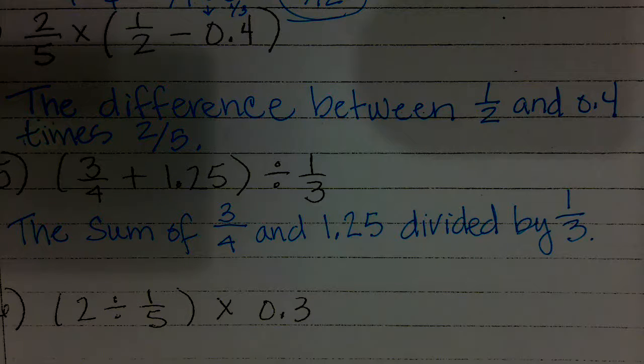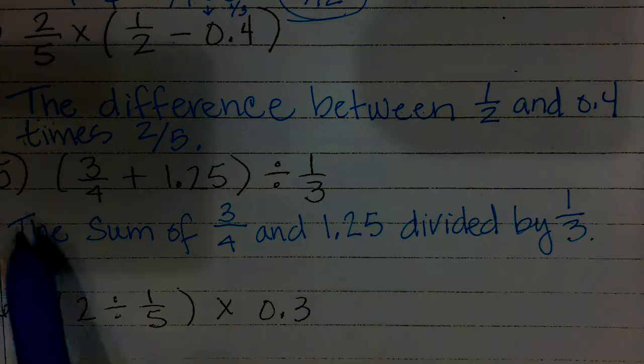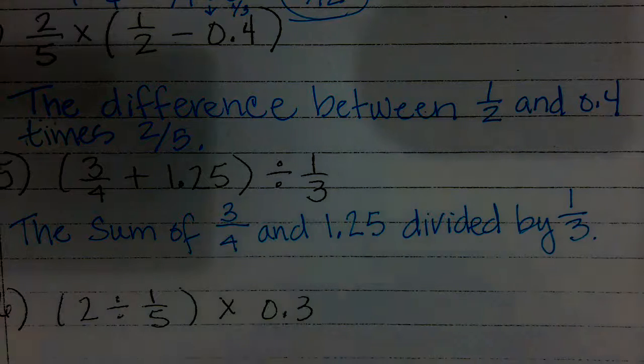You could say 1/3 divide the sum of 3/4 and 1.25, but I really try to stay with following the equation. What do I do first? That's where I try to keep my translation.